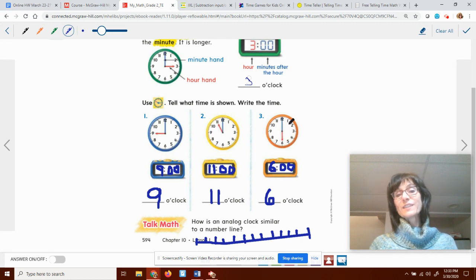My numbers, just like on a clock, are evenly spaced, just like on a number line. My numbers go from 1 to 12 here. I could do 1 to 12 on my number line.